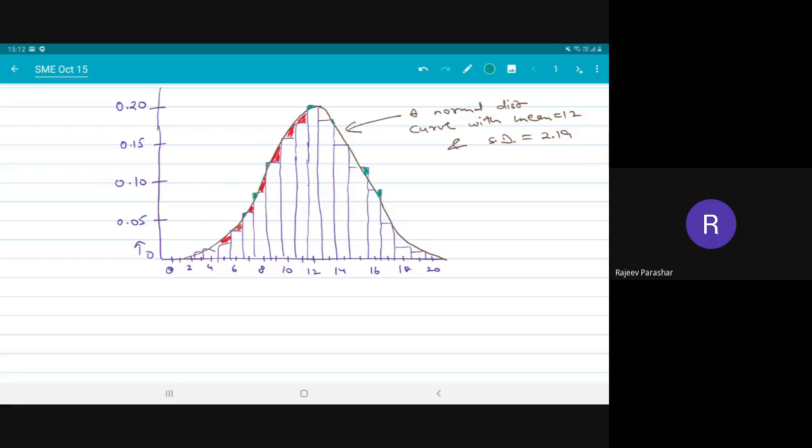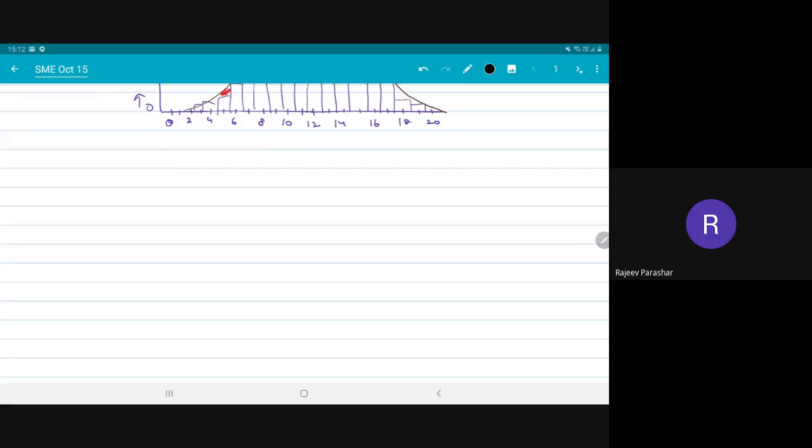Then there is something called continuity correction that we have to do once we use a normal distribution to approximate a discrete distribution. For that, let me just zoom in to this diagram.